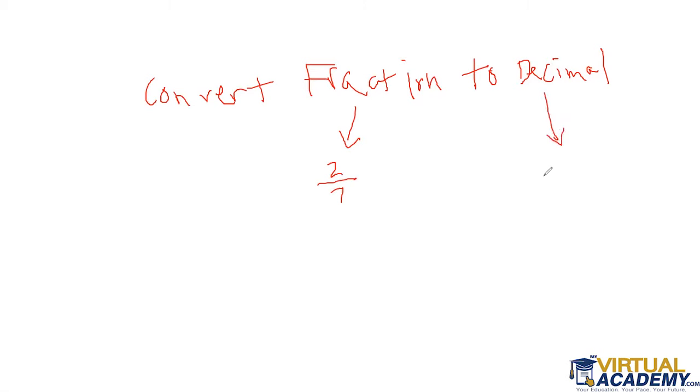A decimal is a number with a decimal point, like, for example, 0.123, okay? So we're going to be going from this to this.